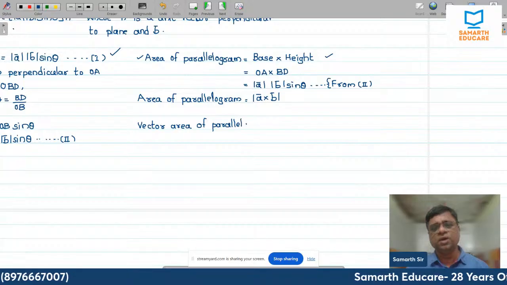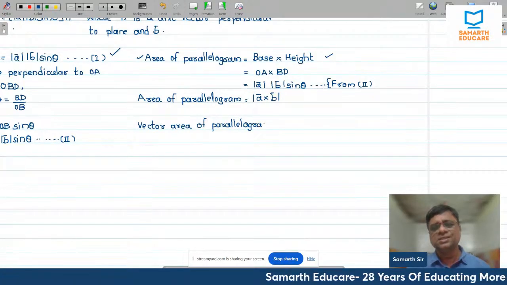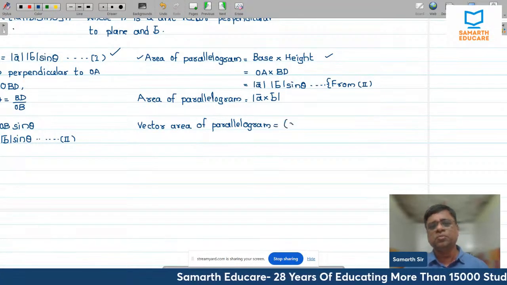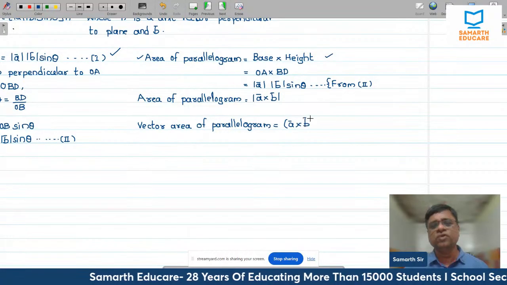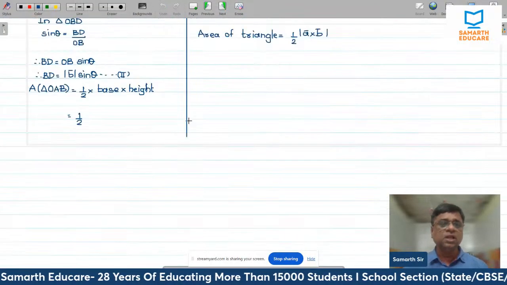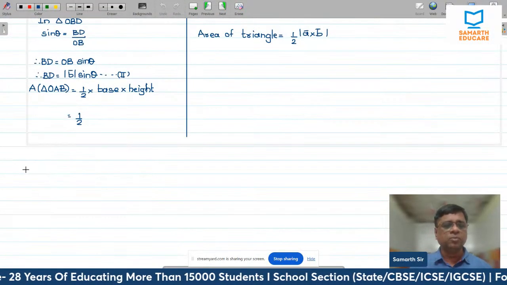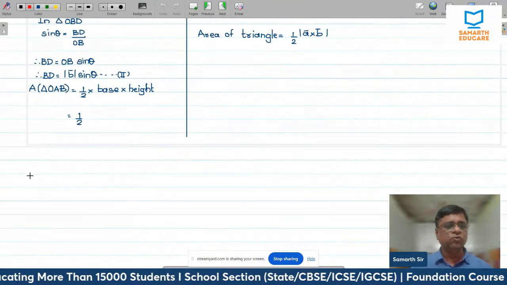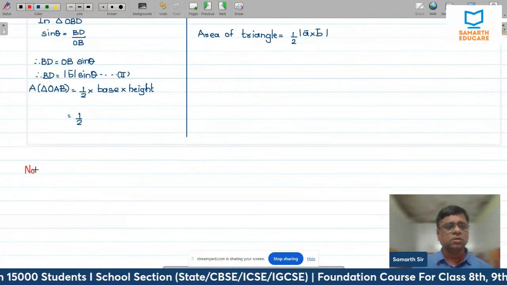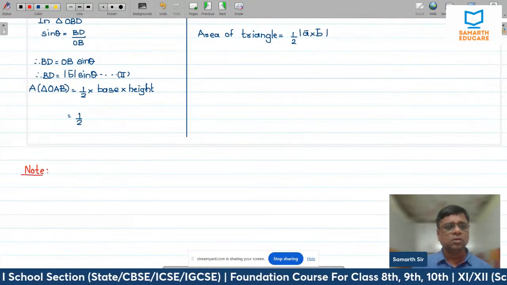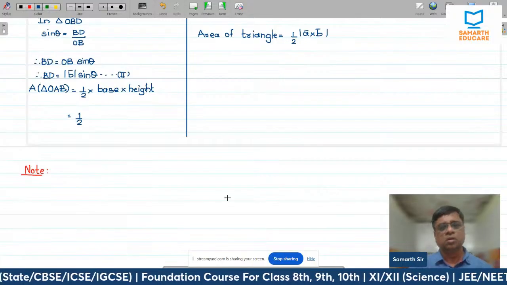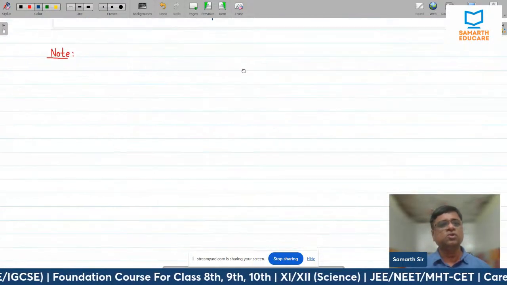Vector area of parallelogram is simply A bar cross B bar. No need of modulus; we are not going to find the magnitude. Similarly, a few important points over here.